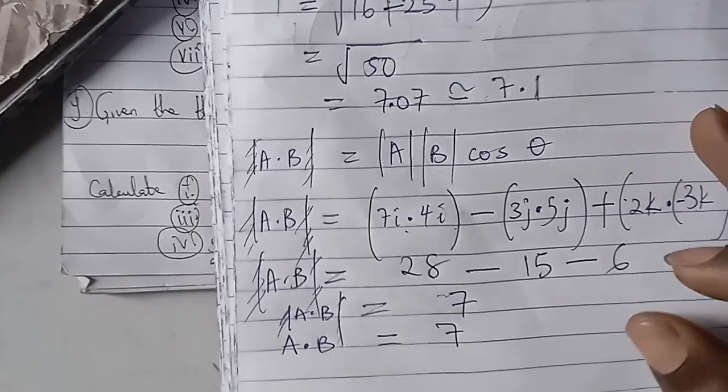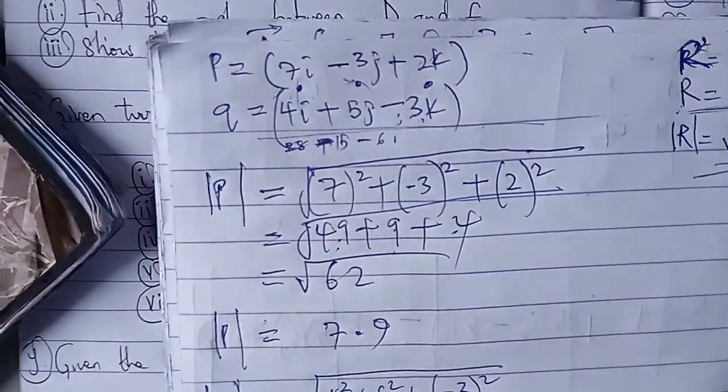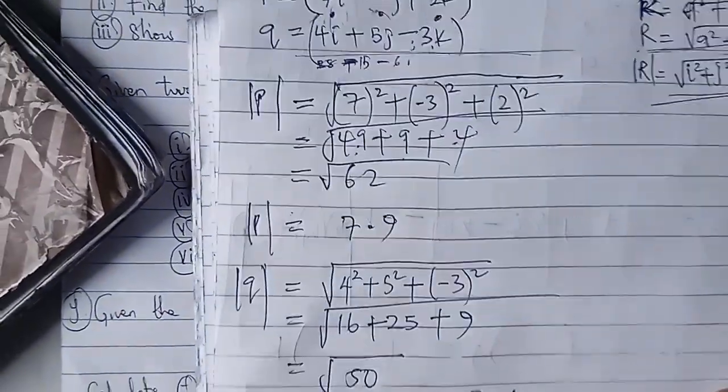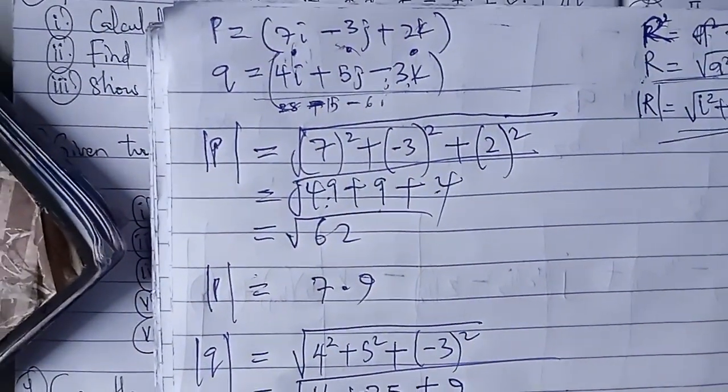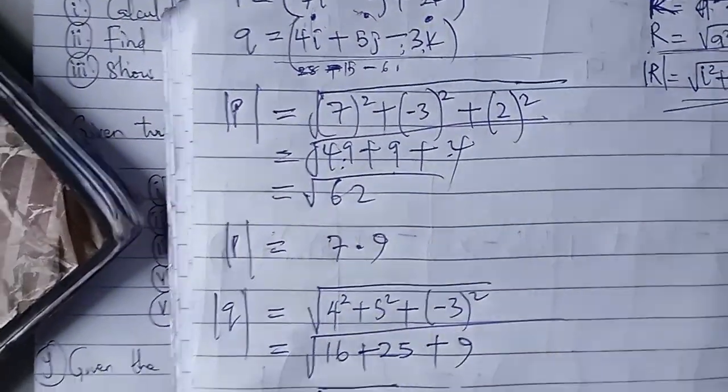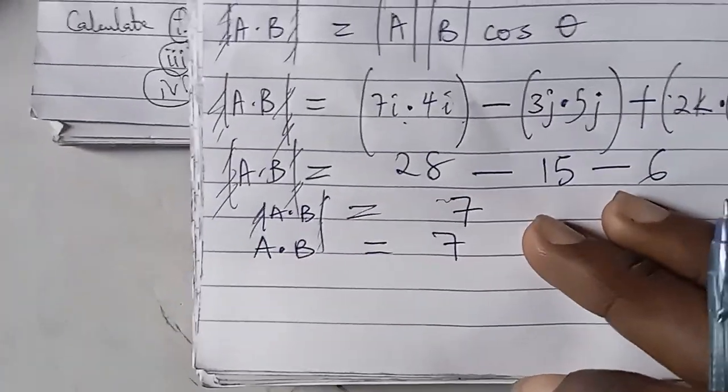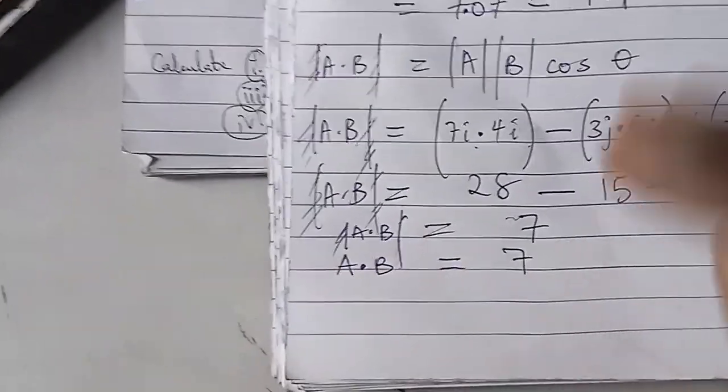Anytime they ask you to find the angle between two vectors, like the angle between P and Q, it is always easier to use the dot product than the cross product. If it's the cross product, by the time you start doing determinants and the rest, it takes more time. That's why in most textbooks you see them use the dot product to get the angle.